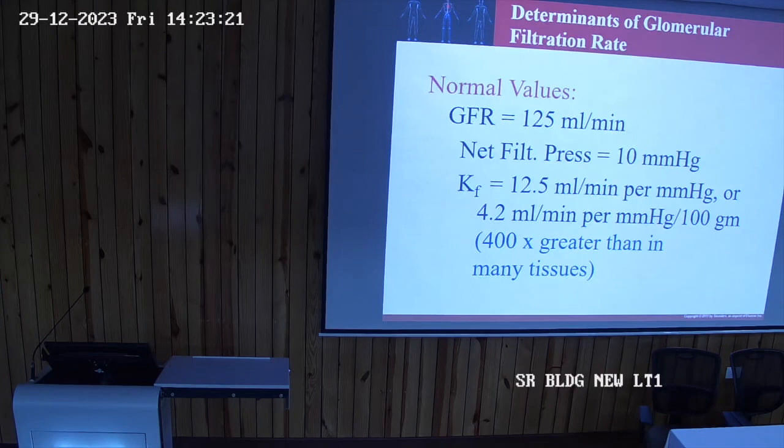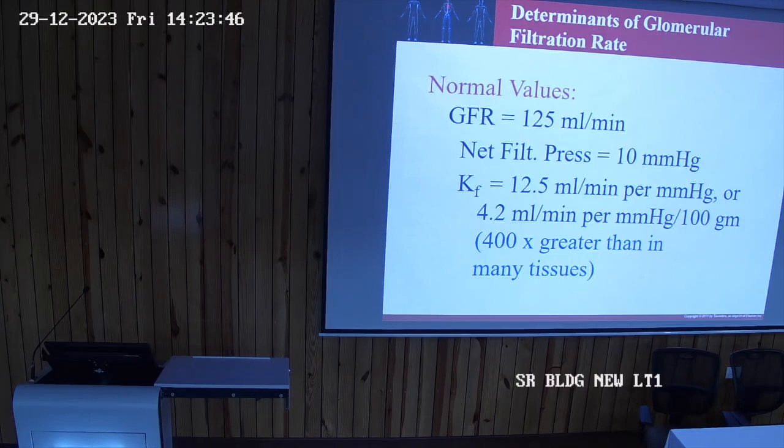And last but not the least is the colloidal osmotic pressure in the Bowman's space, which is 0 normally, because the filtrate lacks plasma protein. So there is no colloidal osmotic pressure in the Bowman's space physiologically.